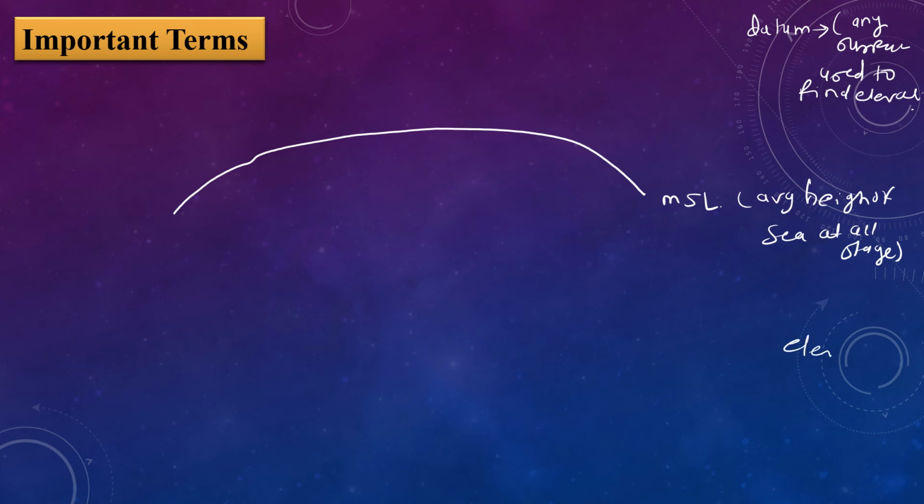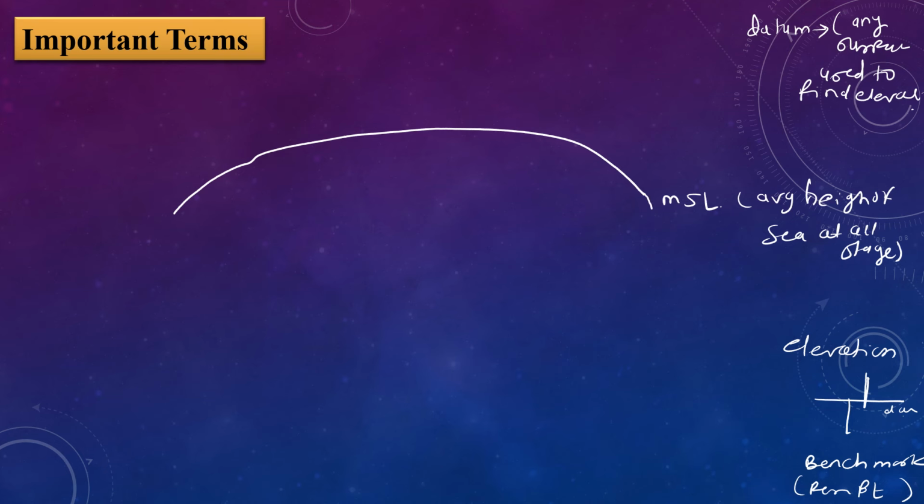Then next, elevation is the vertical distance above or below the datum. The last term is benchmark. A benchmark is a fixed or permanent reference point to start the survey.